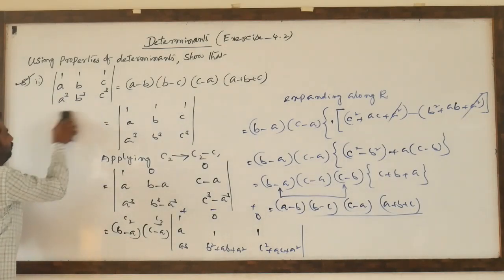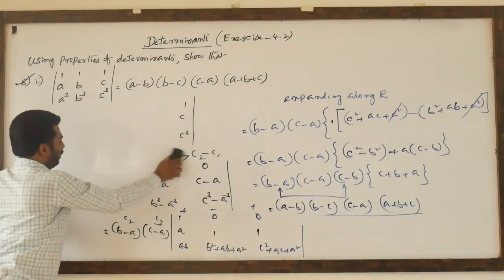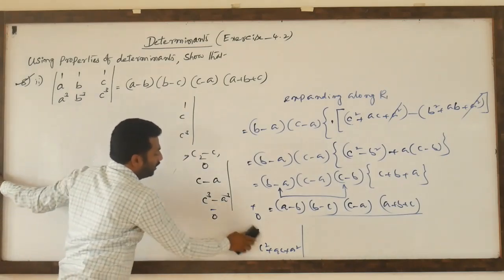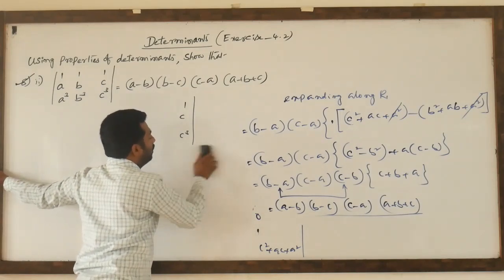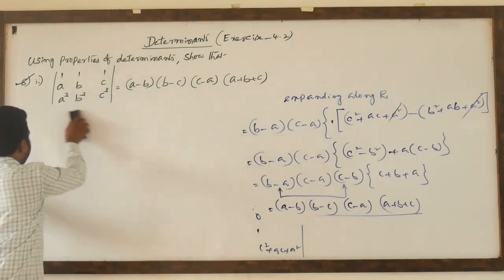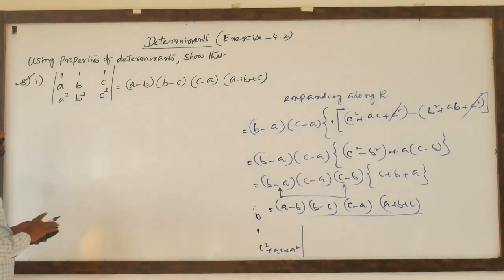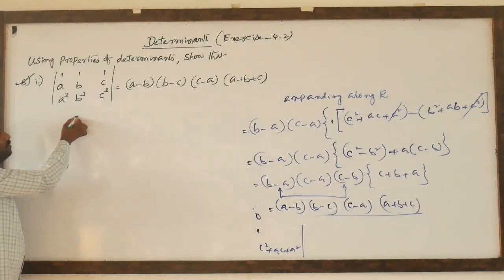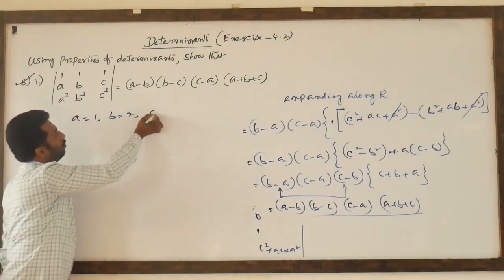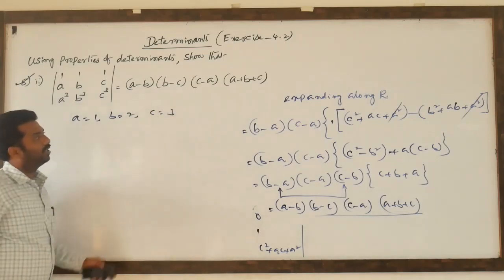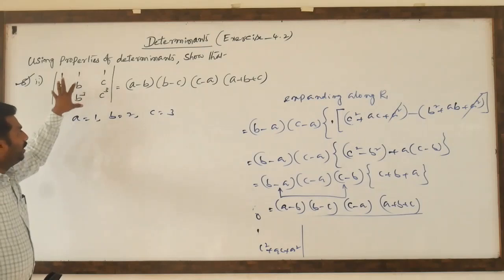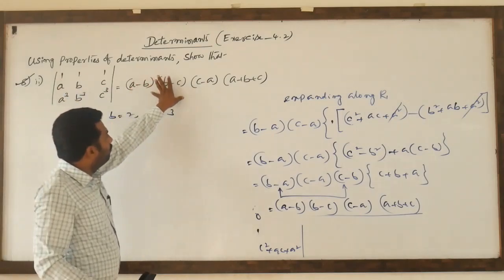Next. Even from the entrance point of view, you cannot do it long like this. I have written it only for theory purpose. Whenever, from the entrance point of view, you want to calculate that result, I told many times, substitute a equal to 1, b equal to 2, c equal to 3, and simplify.